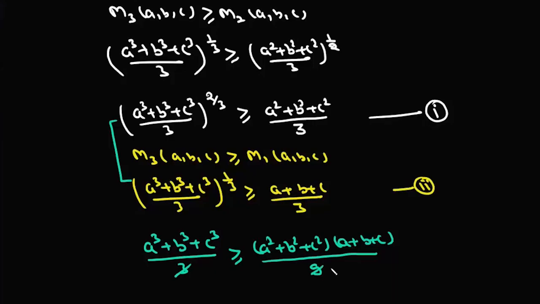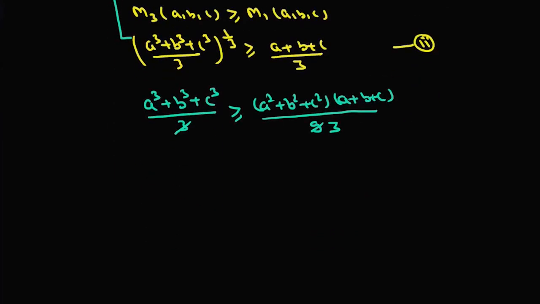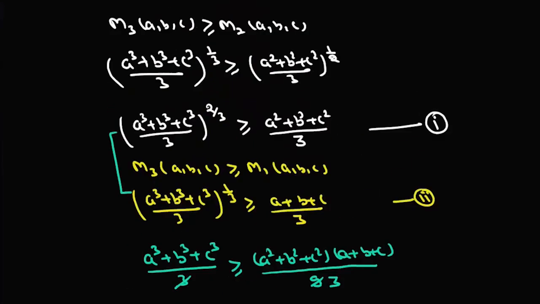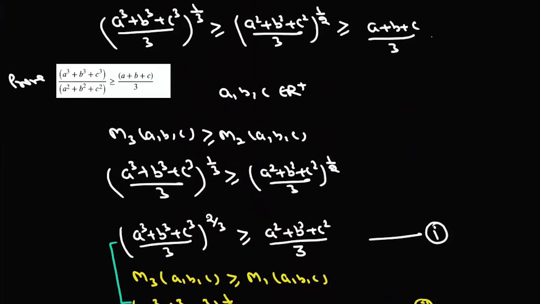Now this 3 and 9 will cancel, and if we rearrange, then we can write (a cube plus b cube plus c cube) upon (a square plus b square plus c square) will be greater than or equal to (a plus b plus c) by 3, which is what we need to prove in this question.